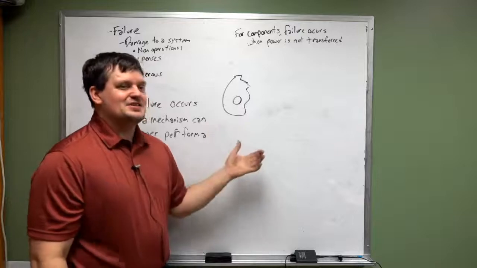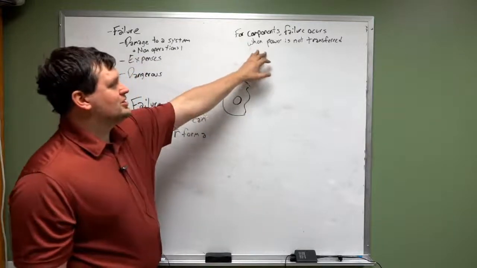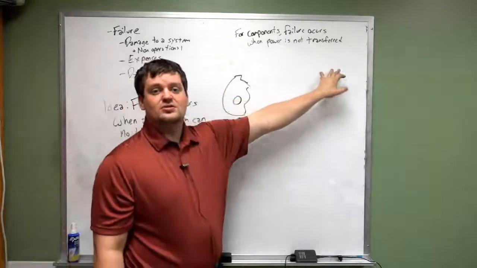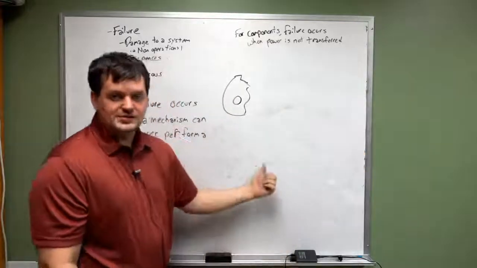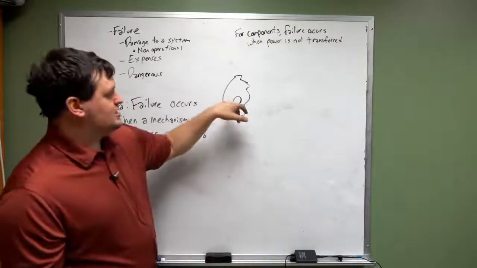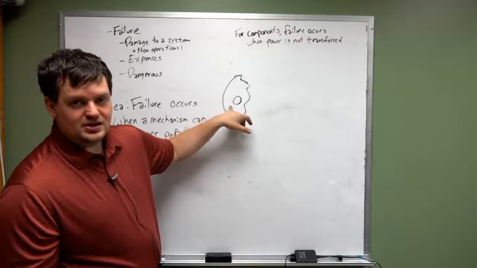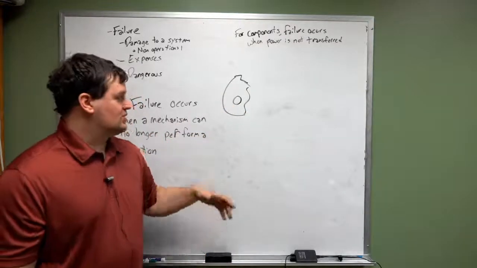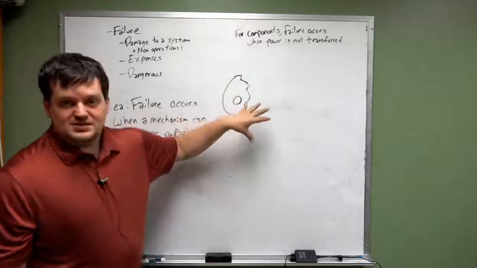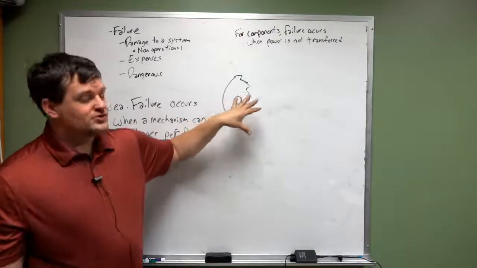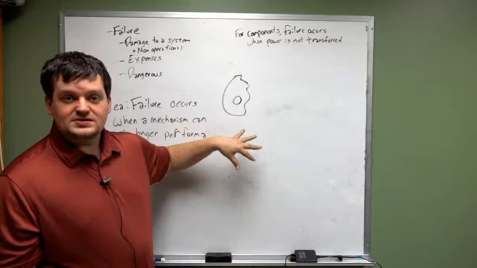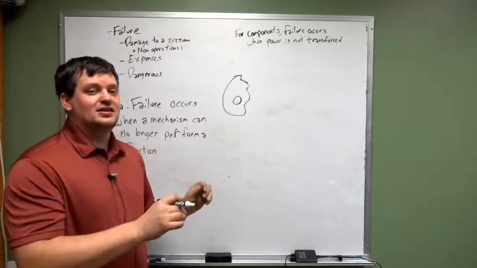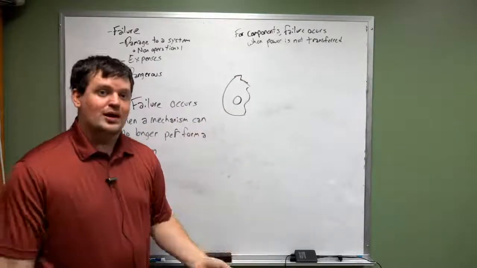At the end of the day, though, failure occurs when power is not transferred through a linkage. A gear is a linkage. The power does not come in. That's what happens when the connection between the axle and the gear is broken. The mechanism itself cannot handle the power being transferred through it. That's what happens when the component itself fails. And lastly, the mechanism cannot transfer power out of it.